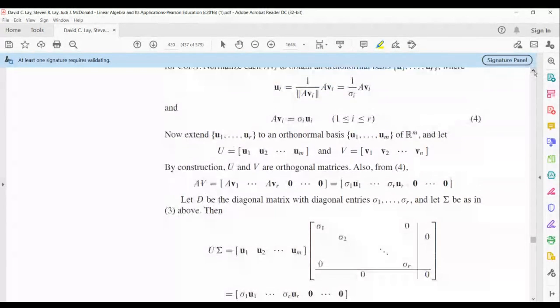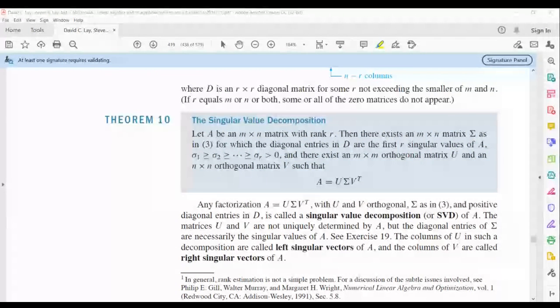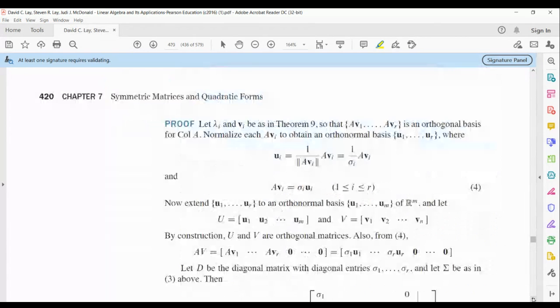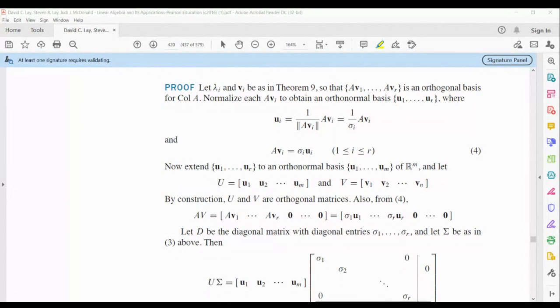So the proof for this singular value decomposition, they give a proof in the book. I think once you've done enough, you're going to have a little practice, right? Some homework. You'll feel comfortable with this. If you want to look at the proof, I'd be happy to discuss the proof with you at office hours. They give a proof here, but it is somewhat complex.